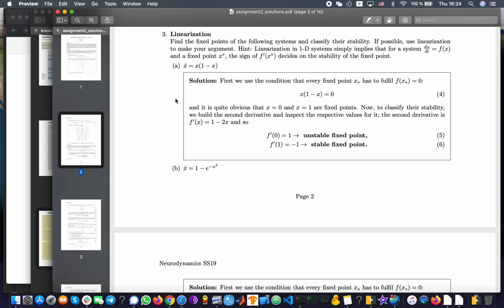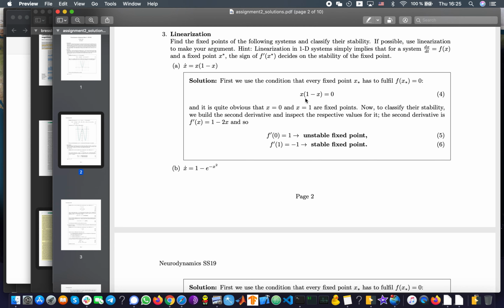The first example is x dot equals x times (1 minus x). To find the fixed points, we just say that x dot is equal to 0. Why? Because then there is no change in x, therefore it is a fixed point.